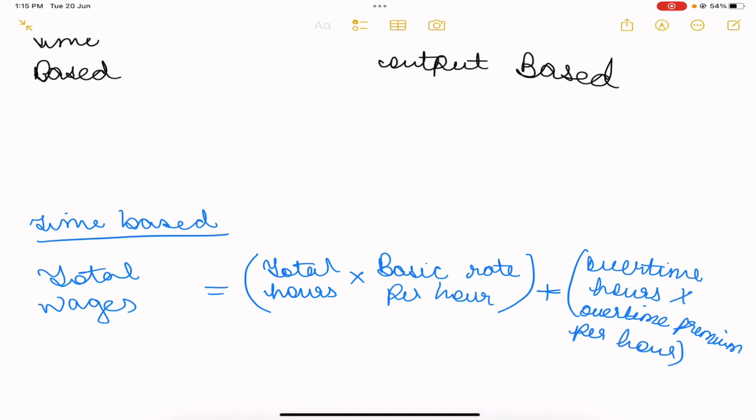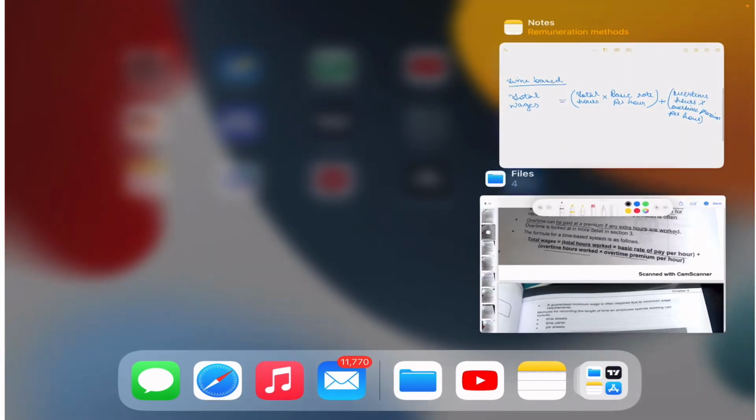Okay, so this is my total wages formula using the time based method.